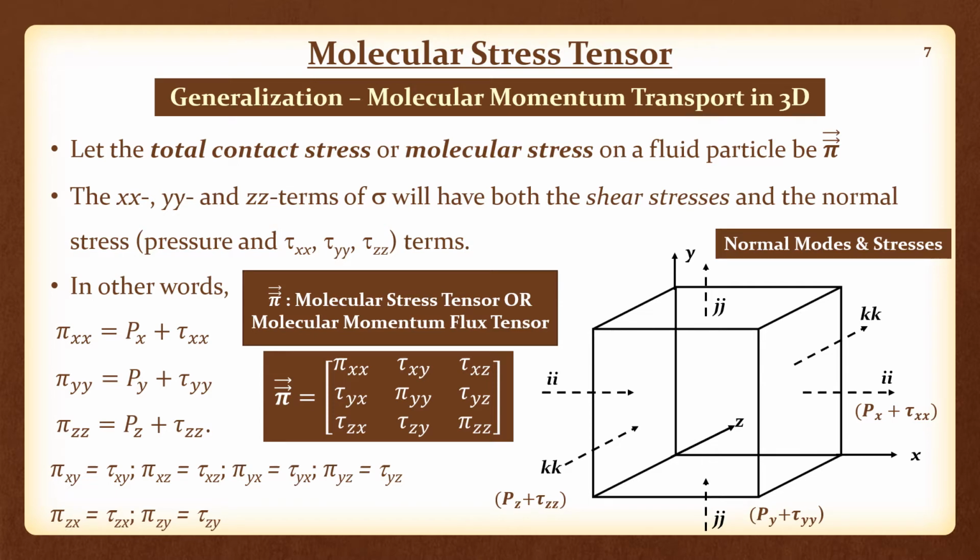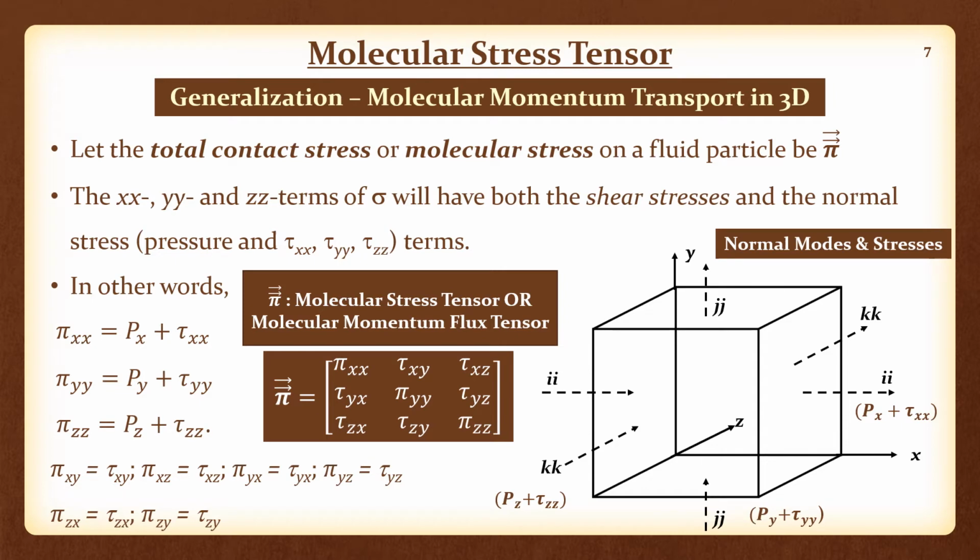So the rest of the terms are the same. The off diagonal elements are the same, if you look at the 3 by 3 matrix. And this pi 3 by 3 matrix that is shown in the center of the slide is a matrix representation of the molecular stress tensor or molecular momentum flux tensor, right?